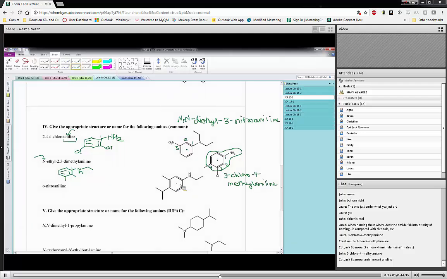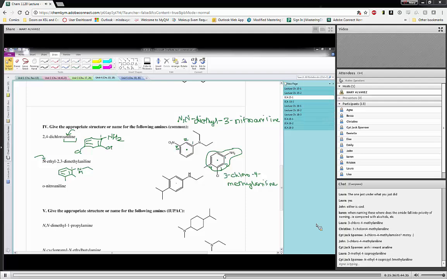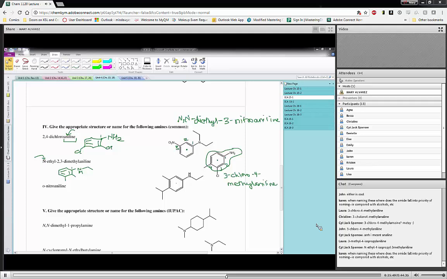Tell me what that one is. N-ethyl, 4-isopropyl, 3-methyl aniline. Yep, it looks good to me.